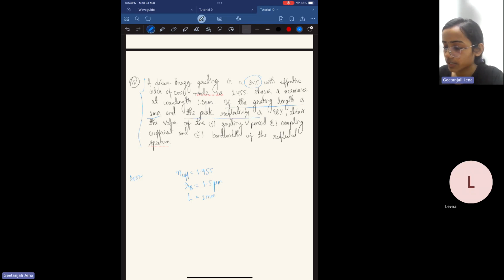And the peak reflectivity is 98%. That means R is given, which is 0.98. Obtain the value of grating period, the coupling coefficient, and the bandwidth of the reflected spectra. So you are given this much information. We need to find out the grating period, coupling coefficient, and the bandwidth.